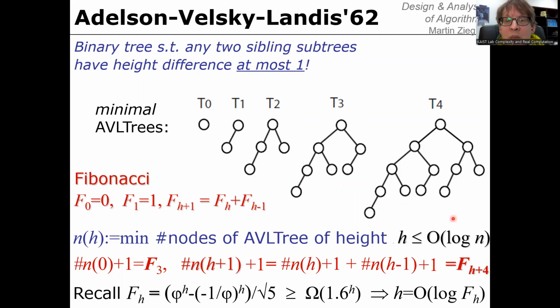But as we'll see, this spending of a constant factor allows for much more efficient maintenance operations on AVL trees, whereas maintaining perfect balance on balanced binary trees can be excessively costly, can cost up to linear cost O of n, whereas maintaining the AVL property has only logarithmic cost.